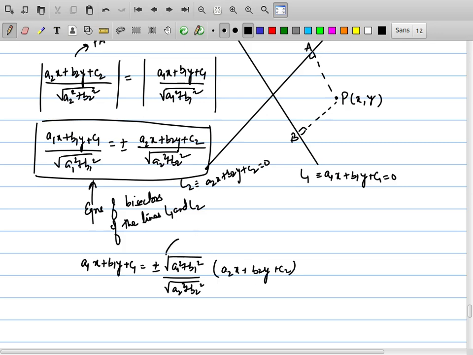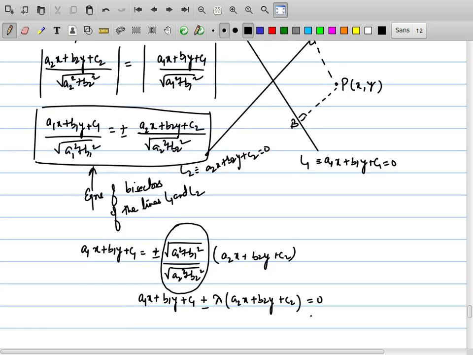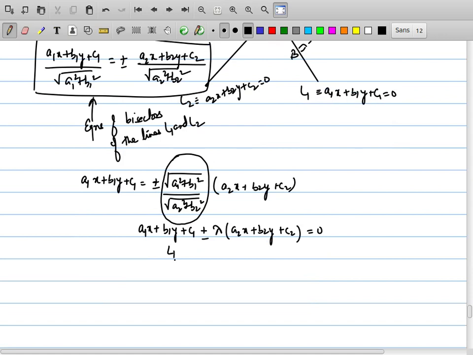Now if we consider this to be a constant, let's say lambda, what is it written? a1x + b1y + c1 ∓ lambda times (a2x + b2y + c2) is 0. Now if you remember, this is line L1 ± lambda L2 is 0.